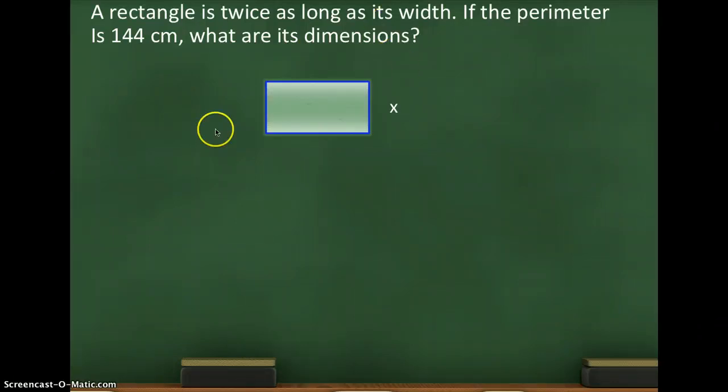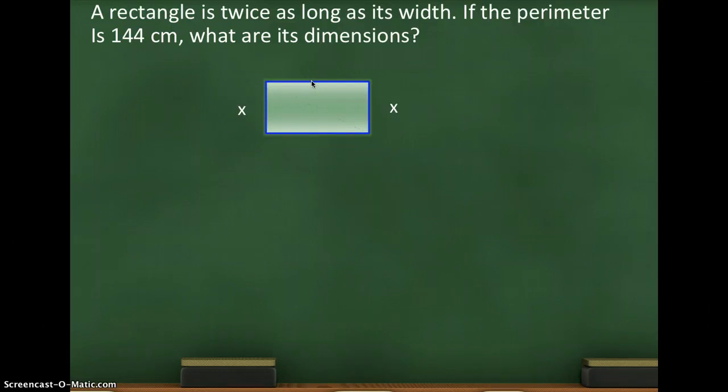So knowing a rectangle, it's a parallelogram. So this side here should be equal to its opposite side. So if this is x, then that other side is also x. Now remember, in this sentence it says a rectangle is twice as long as its width.